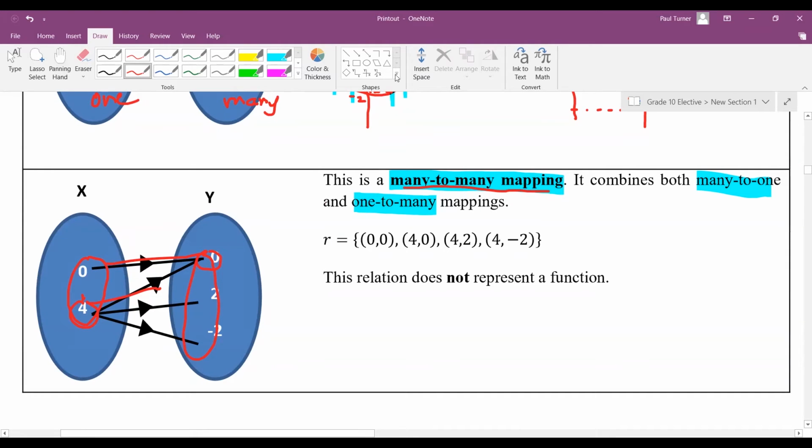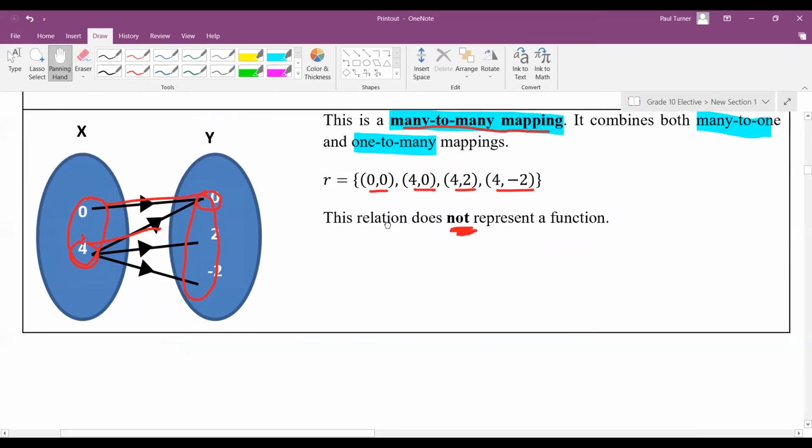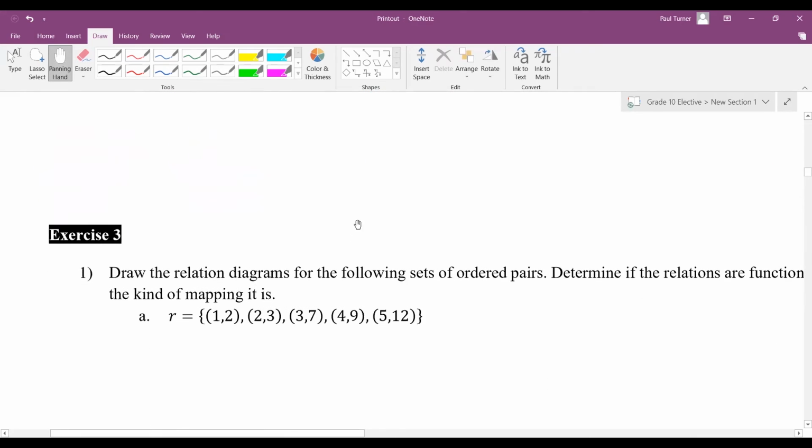We're interested in the actual functions generally. And when you write them in your ordered pairs, you've got these values here: 0, 0, 4, 0, 4, 2, 4 minus 2, like that. So 4 ordered pairs. And this is not a function. Okay, many to manys are not functions, right? So keep those 4 ideas in your mind.